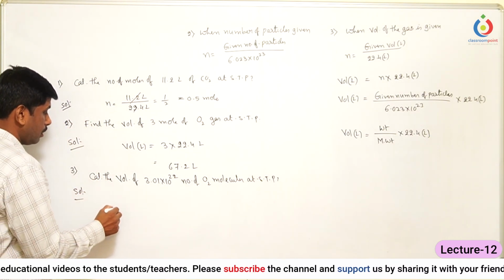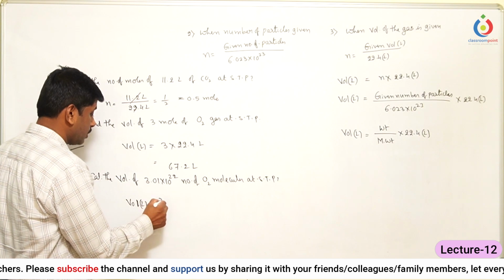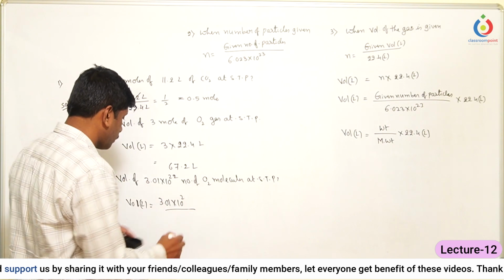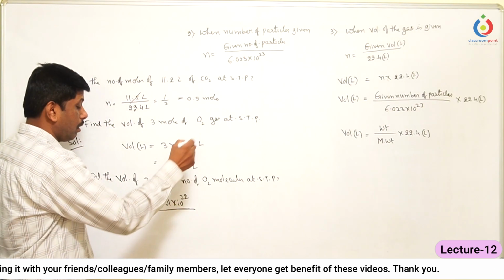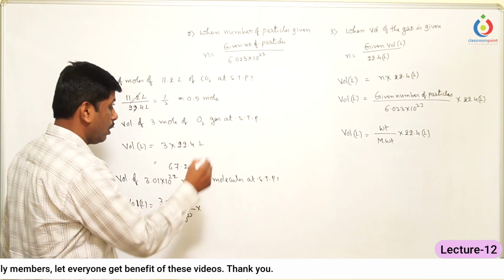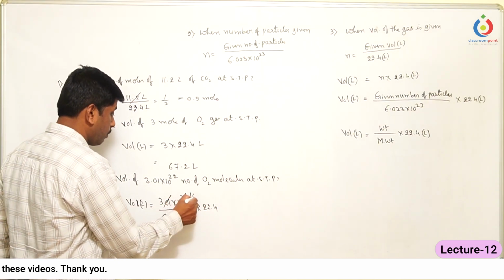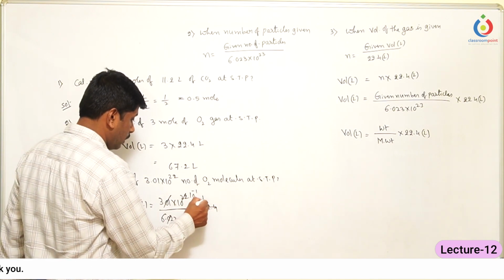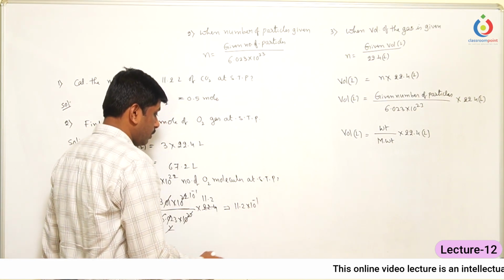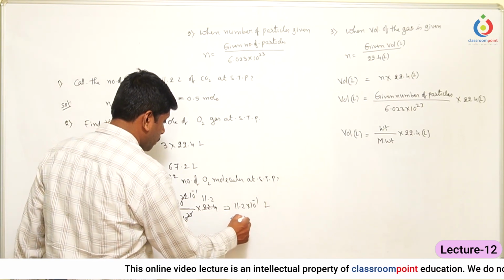So solution: volume in liters equals given number of particles 3.01 into 10 power 22 divided by Avogadro's number 6.023 into 10 power 23, into volume 22.4. So it goes 2 times and it goes 10 power minus 1 time. So this value goes 11.2, which equals 11.2 into 10 power minus 1 liter. Or else you can write this as 1.12 liter.